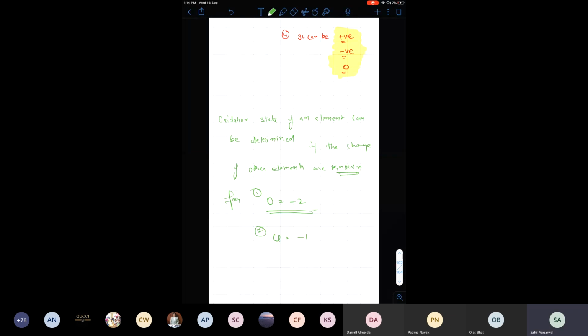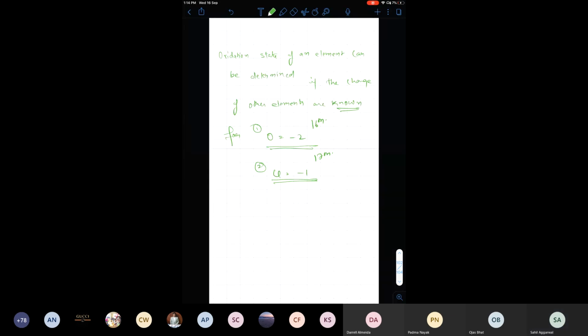Chlorine has -1 charge, mostly. 16th group element, 17th group element. Understood? I want to talk about this thing only as of now. मुझे बस इसी के बारे में पढ़ाना है अभी. बाकी we'll go into details of oxidation state in 8th chapter.